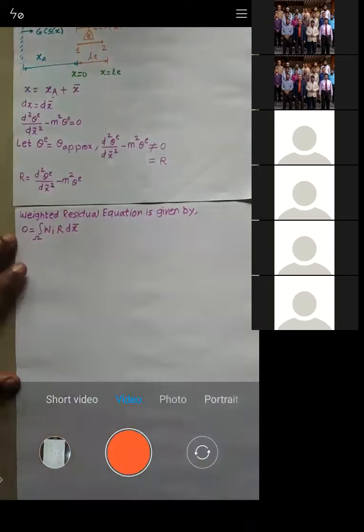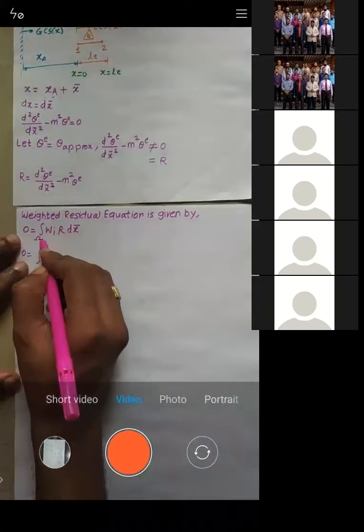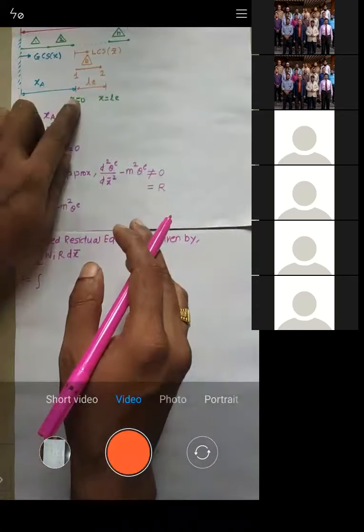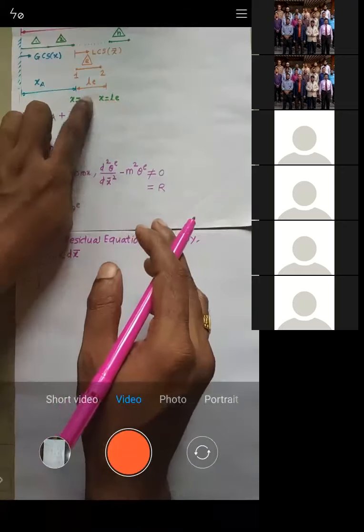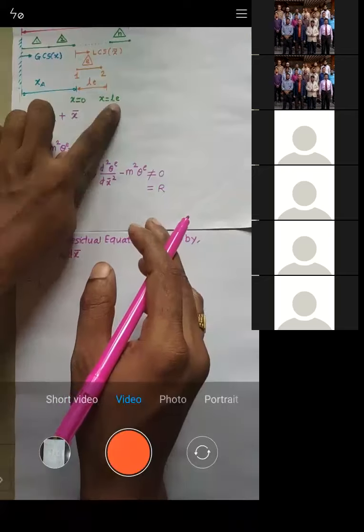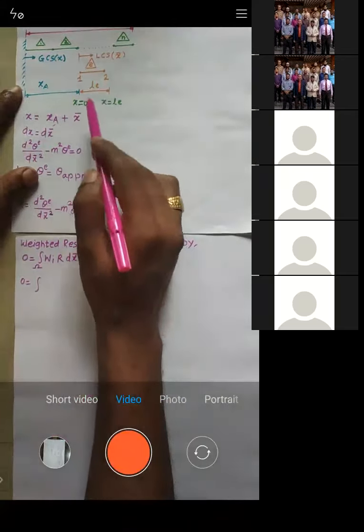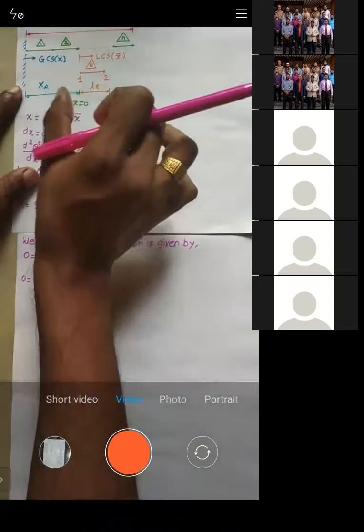Now we will put in the values. 0 is equal to the integral, and we need the limits of integration. What is the minimum value of x? It's 0. And the maximum value of x is L. So the limits are from 0 to L. This stands for the length of the element: the minimum is 0 and the maximum is LE, because LE is the length of the element.